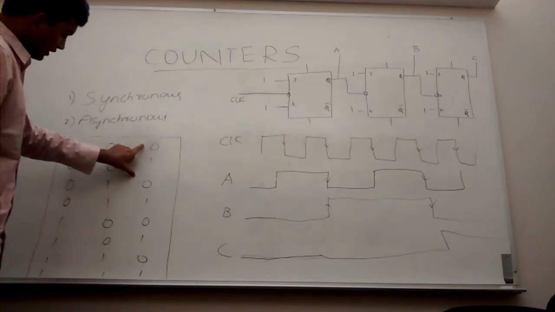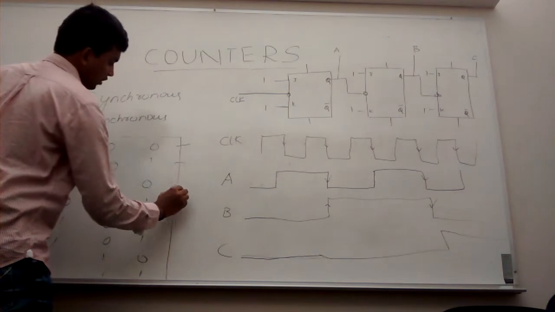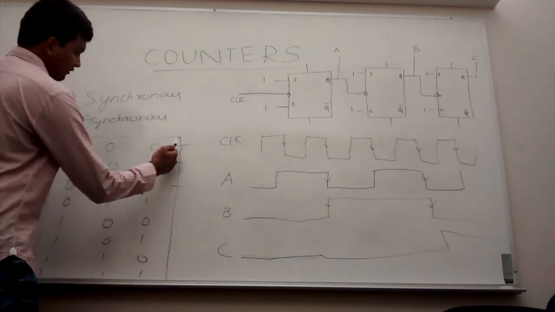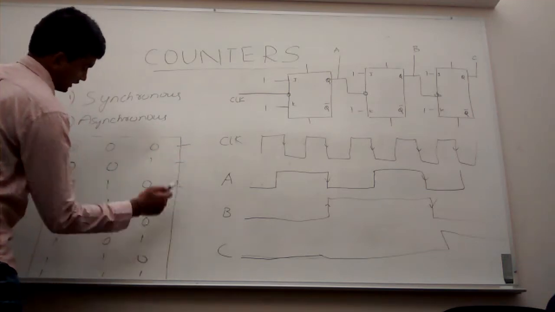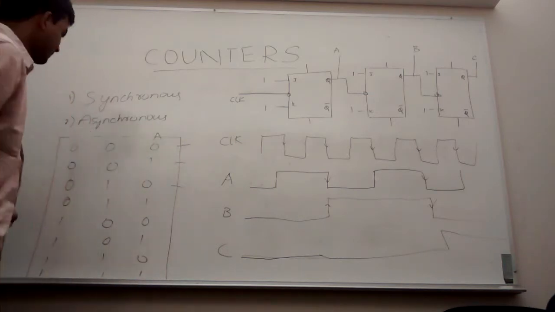If you observe, for every clock event there is a transition. For every clock event, A is very sensitive and it is toggled for every clock cycle. So we can say that A is the LSB over here.